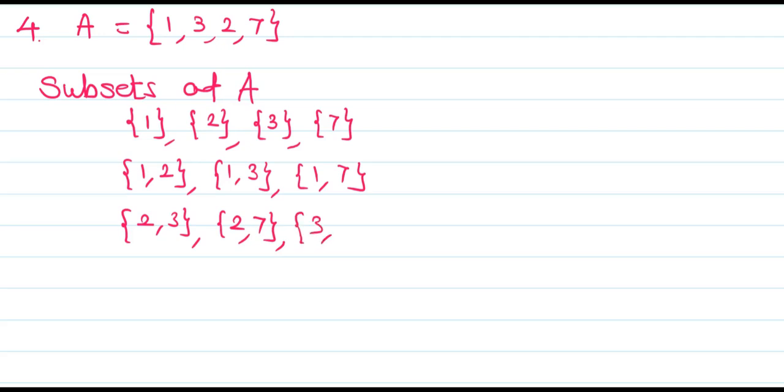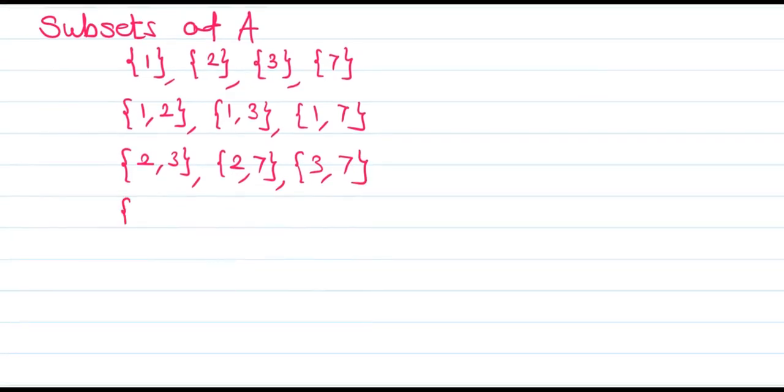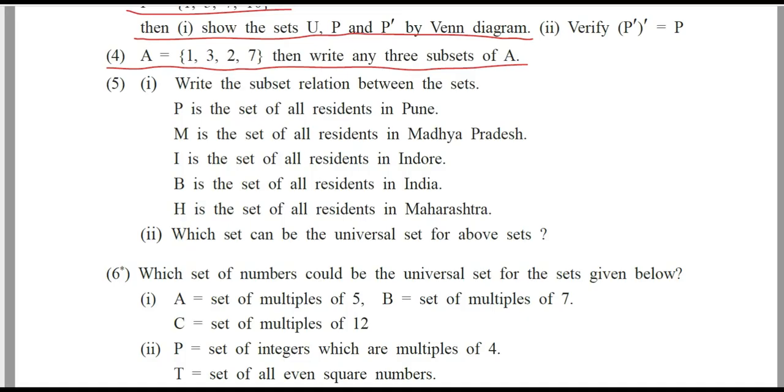Also we can write 3, 7, that is 1, 2, 3, and etc. These are all the subsets of A.